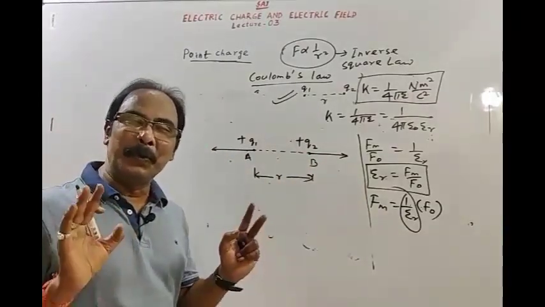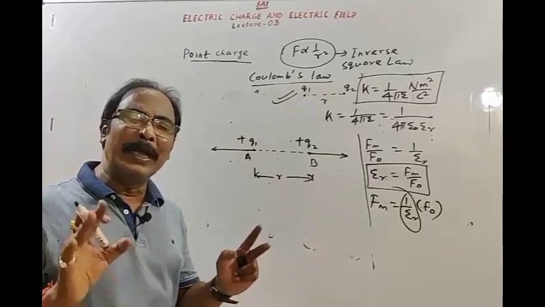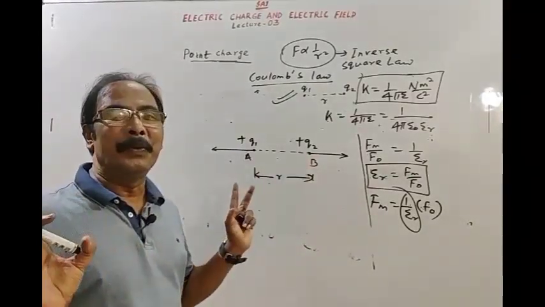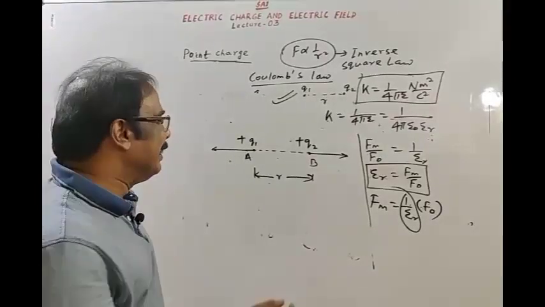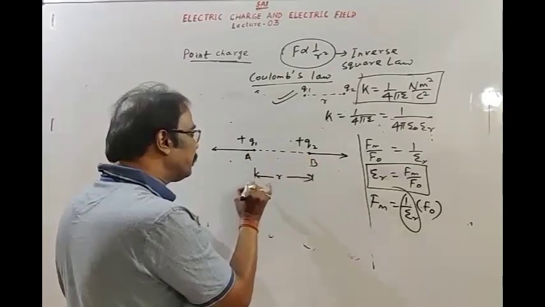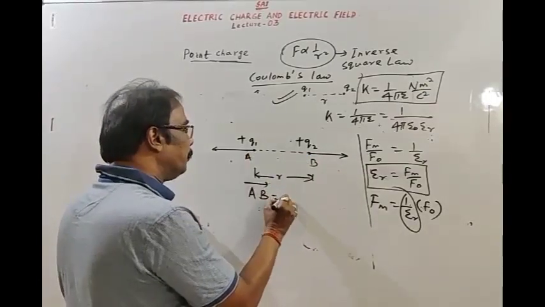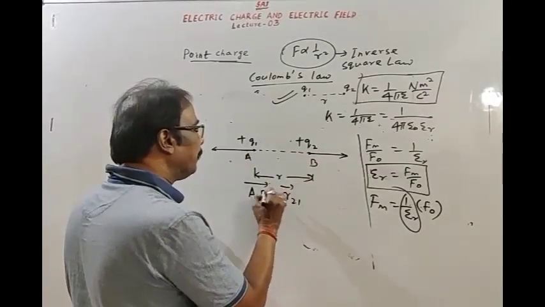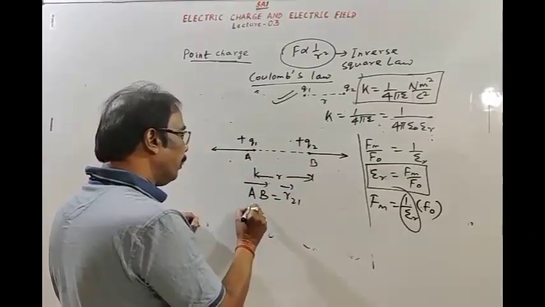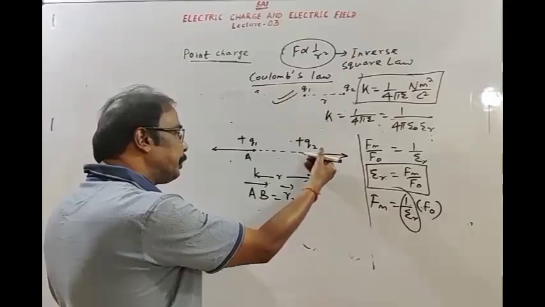Electrostatic force between 2 point charges always acts along the line joining the 2 point charges. Okay. Let from A to B, means direction from A to B, let's take R21, vector directed from A to B. Similarly, from B to A, direction is from B to A.